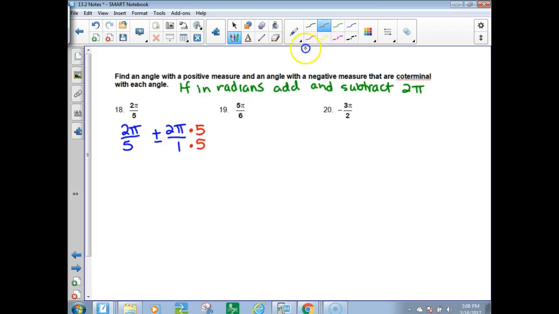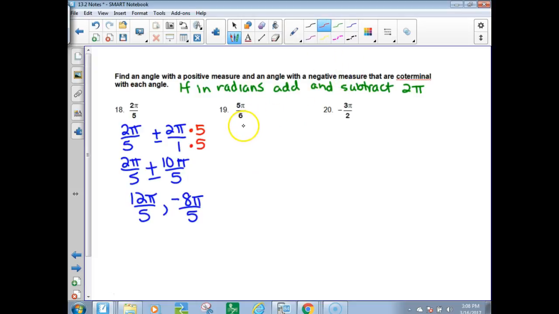Okay, so what I've actually got here is 2 pi over 5 plus or minus 10 pi over 5. Now I'm going to write my answers. 2 pi over 5 plus 10 pi over 5 would be 12 pi over 5. And the other answer, 2 pi over 5 minus 10 pi over 5 would be negative 8 pi over 5.